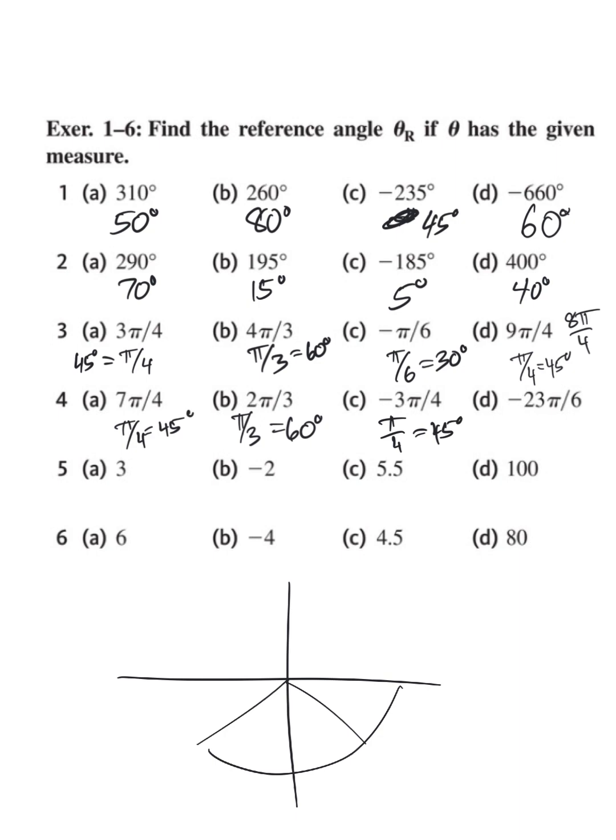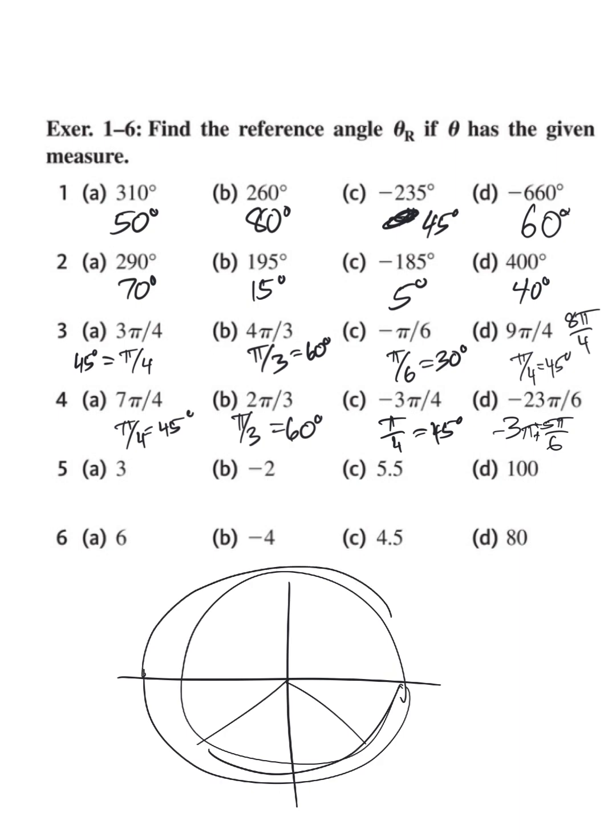Okay, so take 23 divided by 6, and that's going to be 3, and this was negative 3 pi, with a remainder of 5 pi over 6. Okay, 3 pi and 5 pi over 6 negatives. So 3 pi, so there's 2, 3, and another 5 pi over 6. This would be a pi over 6 reference. Let me erase that stuff there.